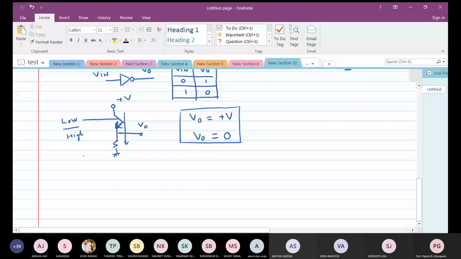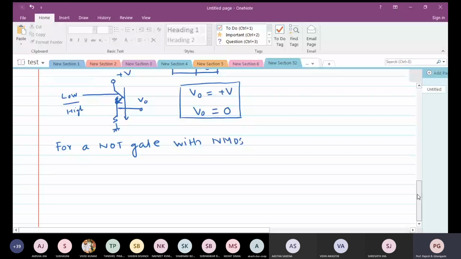So to implement or design a NOT gate with an NMOS device, what will be the circuit? The circuit will be like this.